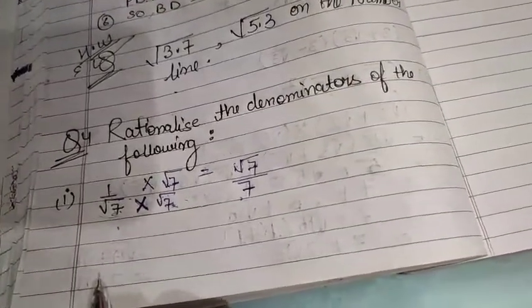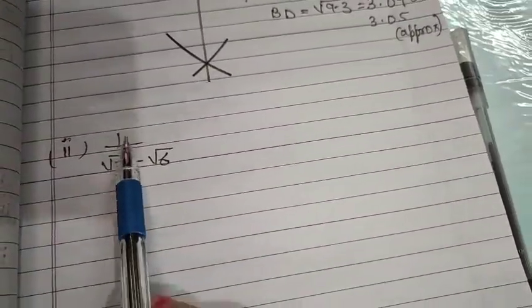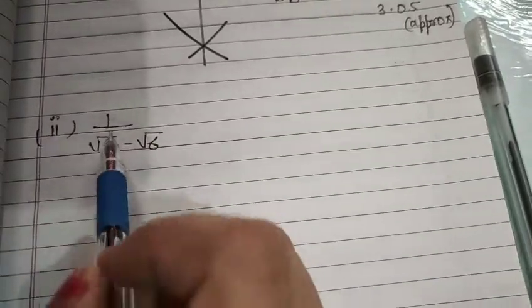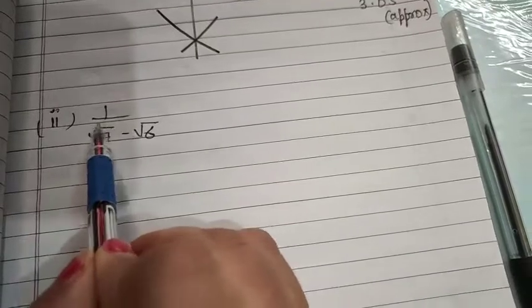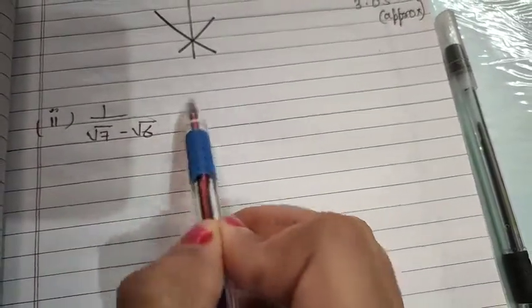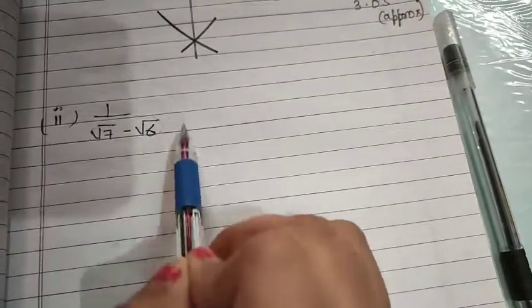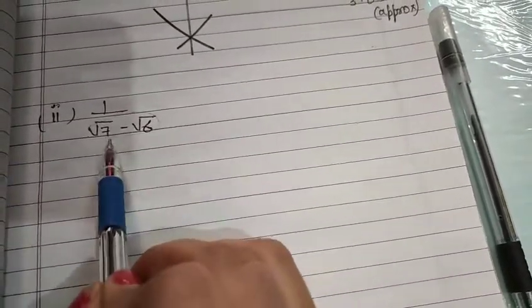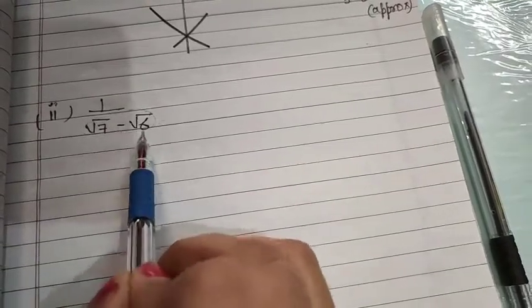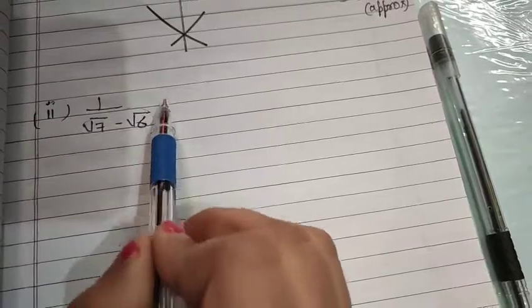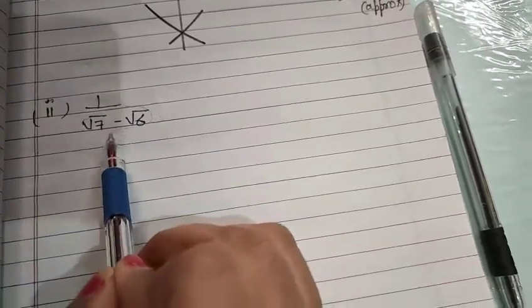Now the second part is 1 upon root 7 minus root 6. Look, I have told you कि rationalization में जो भी नंबर डिनोमिनेटर में होता है उससे हमें न्यूमरेटर में भी और डिनोमिनेटर में भी मल्टीप्लाई करना होता है. But if there are two numbers like here root 7 minus root 6, so when we multiply this number on numerator and denominator we have to change their sign.